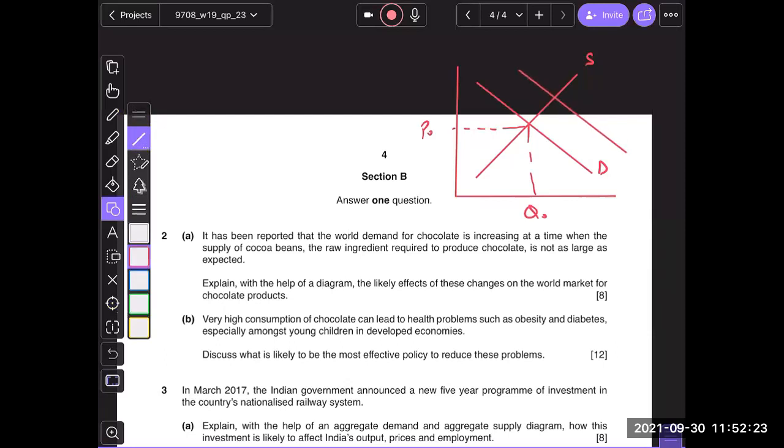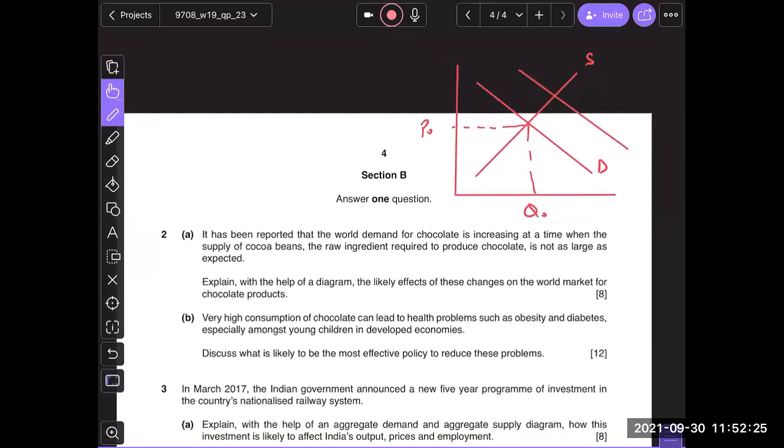So if the demand is increasing, and you can talk about the demand can increase because of many reasons, taste and preferences can change, which can make the demand go up for the good. When the demand increases, at the same time, the supply of cocoa beans, which is a raw ingredient, is going down. So you explain that the supply curve will be shifting backward.